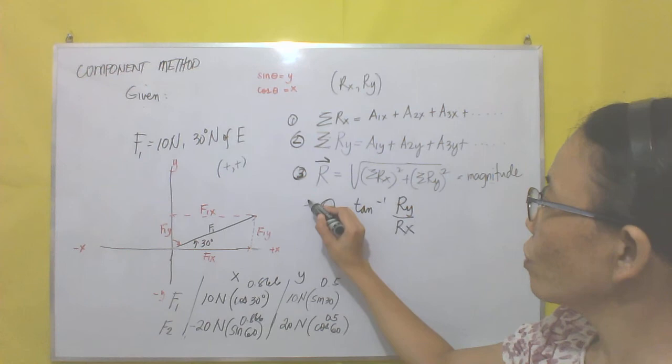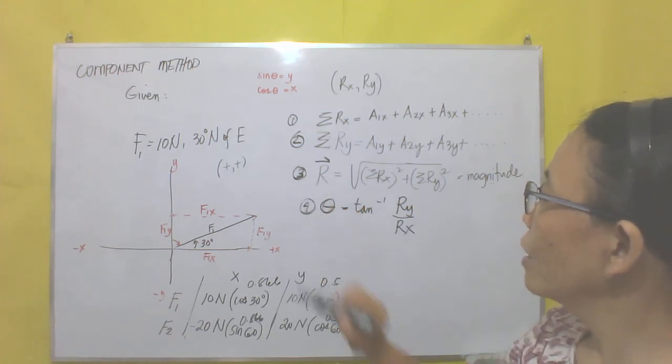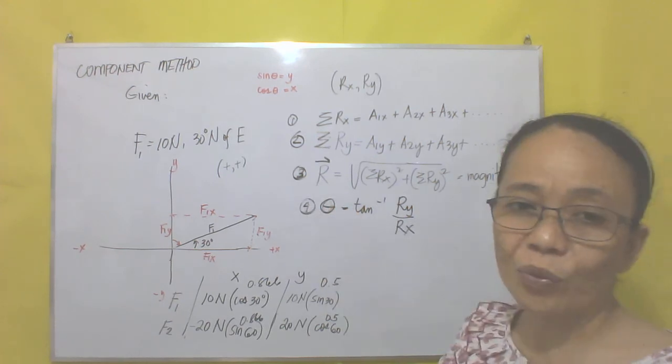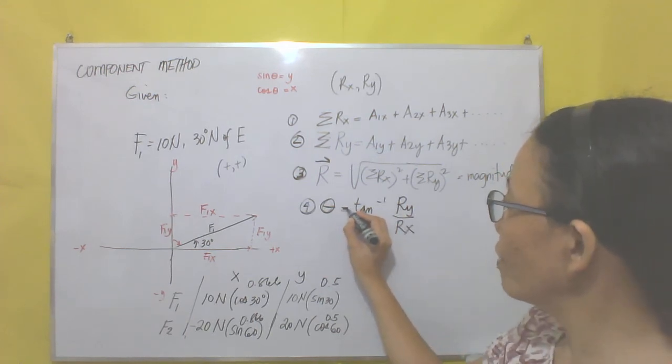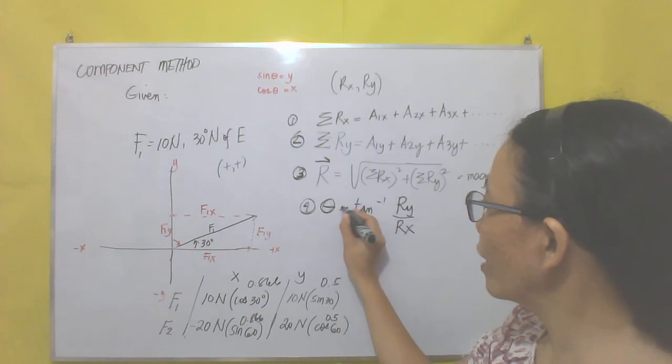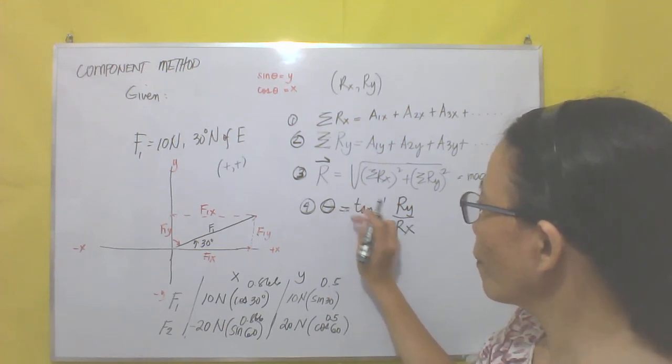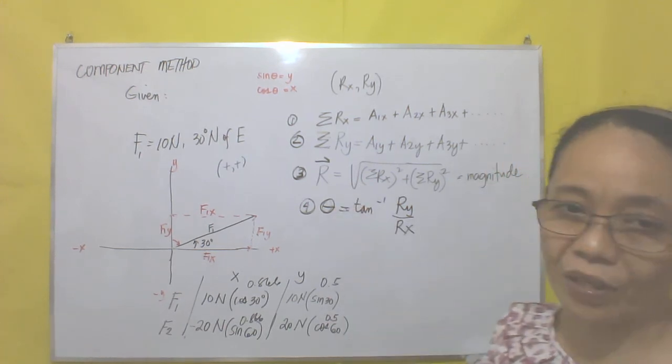Then for the direction, theta is equal to the inverse tangent of Ry over Rx. So these are our equations.